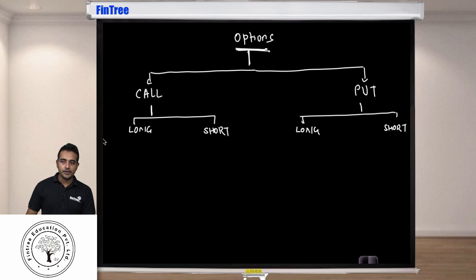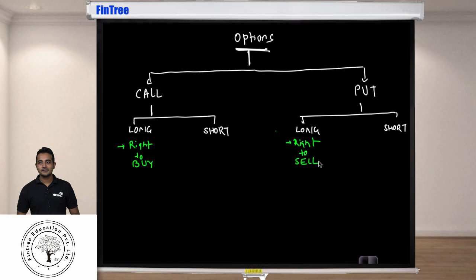The first thing to appreciate: if you're on long, you're always going to have a right. So whether it's a call or a put doesn't matter. If you're long, it's a right. So long is right. In case of a call option, that right is to buy. So long call, right to buy. In case of a put option, that right would be to sell.